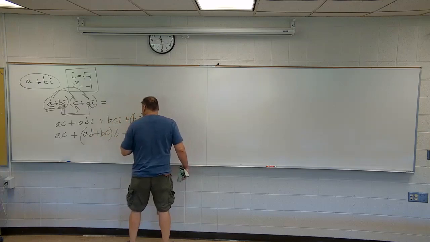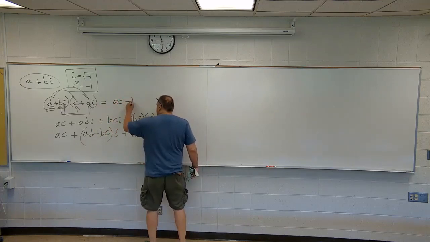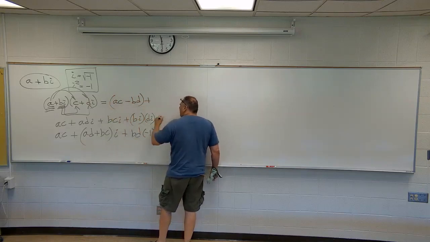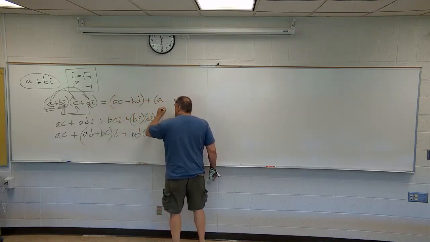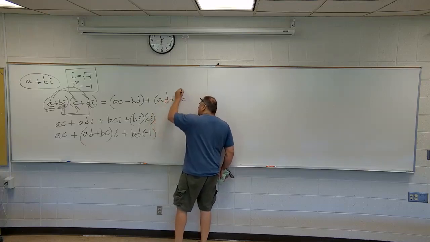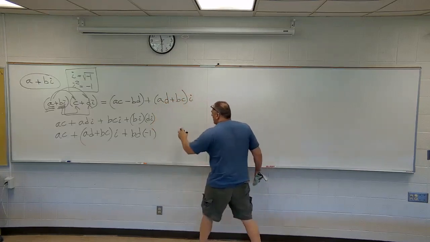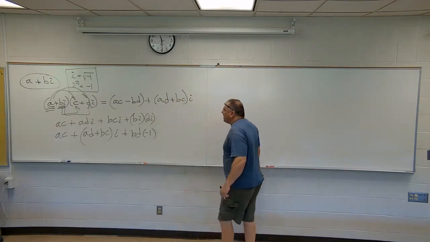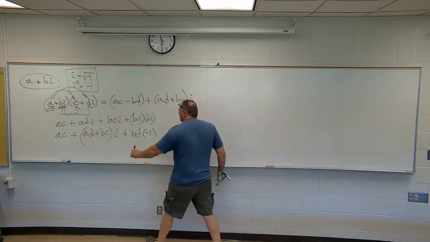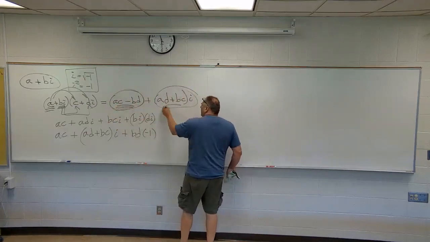What happened is you got ac plus a -1 bd, which is the same as minus bd, plus ad plus bc times i. This is real. This is imaginary.